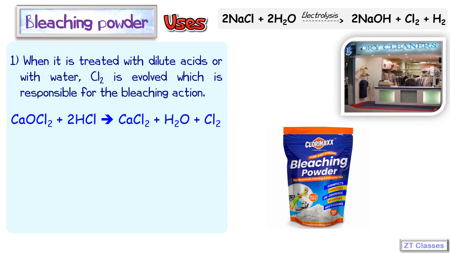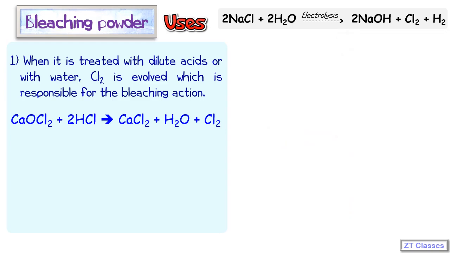As a bleaching powder it's used by dry cleaners, and it's used at home also, in general households. When used in dry cleaning, it's usually mixed with a dilute acid. This dilute acid on reaction with CaOCl2 gives out chlorine gas, and we have seen chlorine is an excellent disinfectant and an excellent bleaching agent, and this chlorine is what makes bleaching powder a bleaching agent.